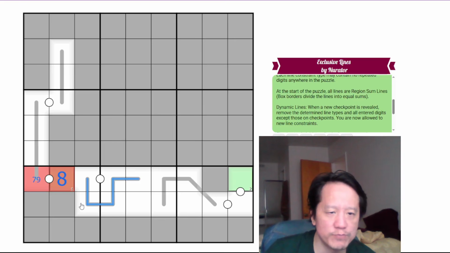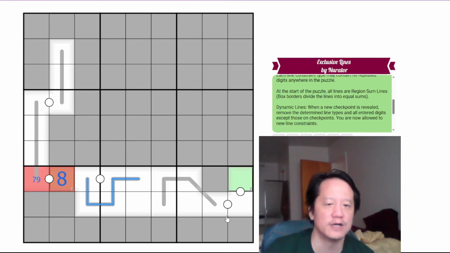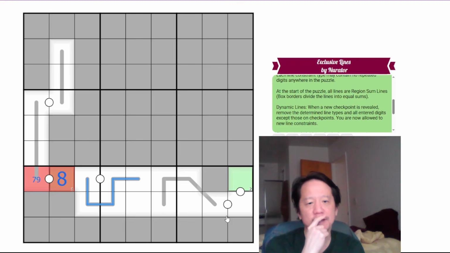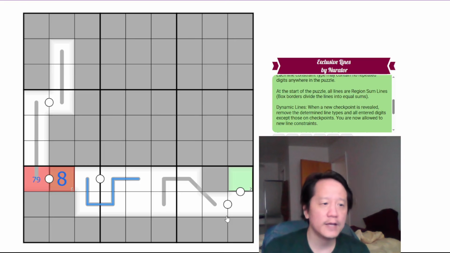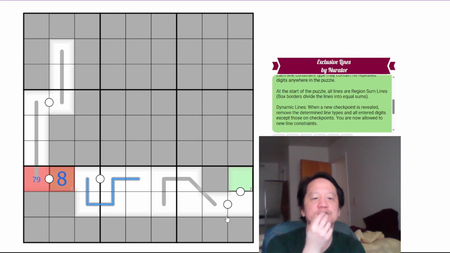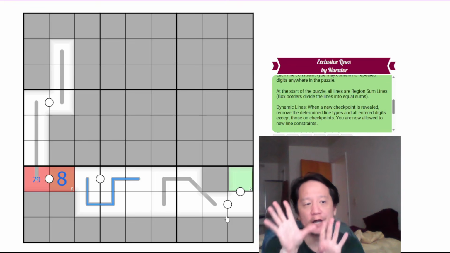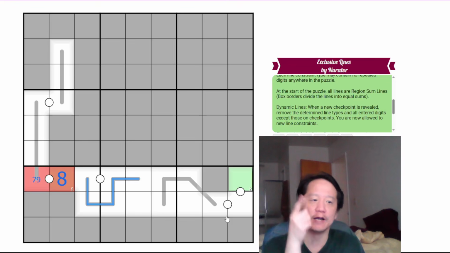Since this is a region sum line, we have another region sum line somewhere else. But the problem with... the region sum lines must sum up to the same sum. And if you have a region sum line which uses all 9 digits, that's going to sum up to an odd number, which is the digits 1 through 9.